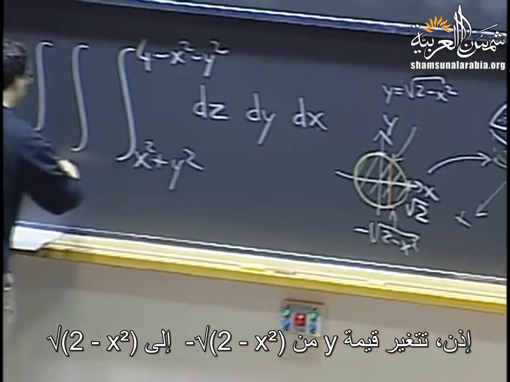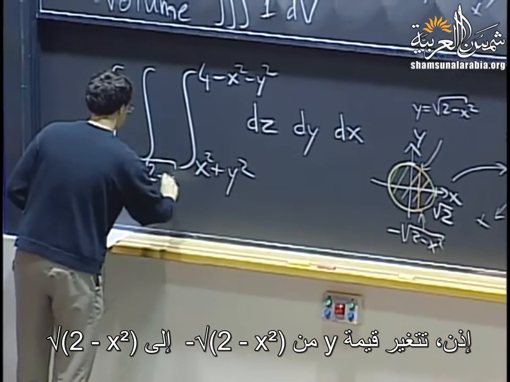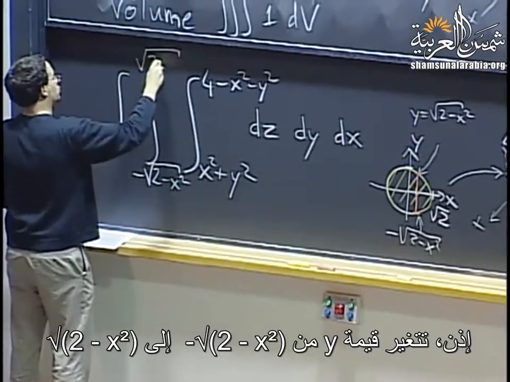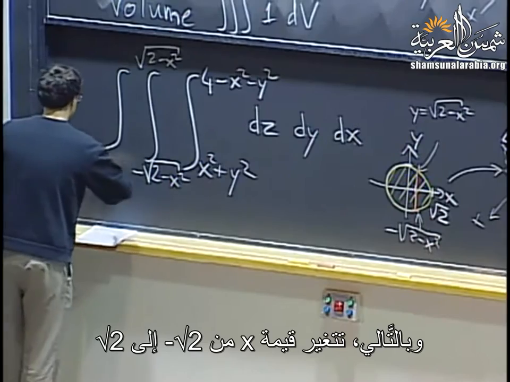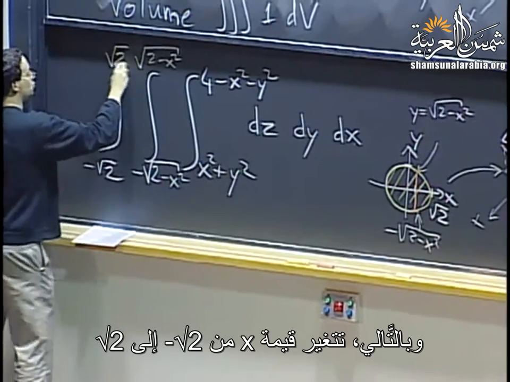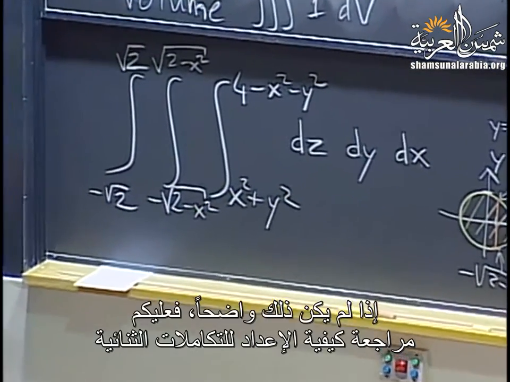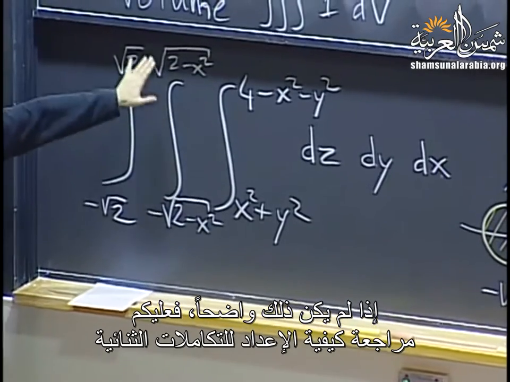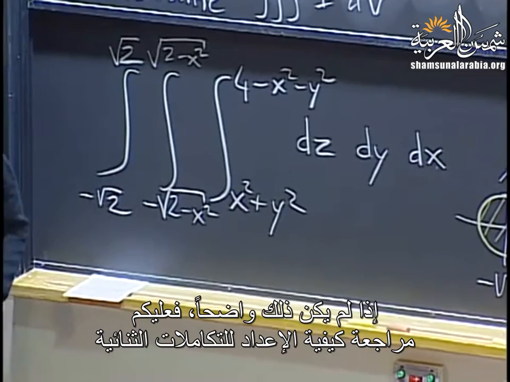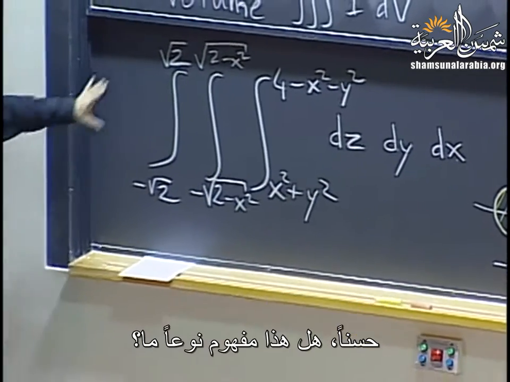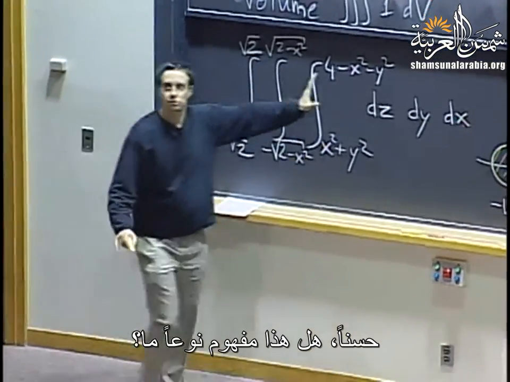So y will go from negative square root of 2 minus x squared to positive square root. And then x will go from negative root 2 to root 2. If that's not completely clear to you, then I encourage you to go over how we set up double integrals again. Does that make sense, kind of?